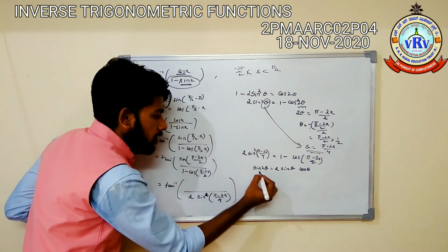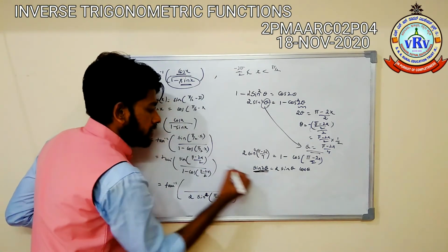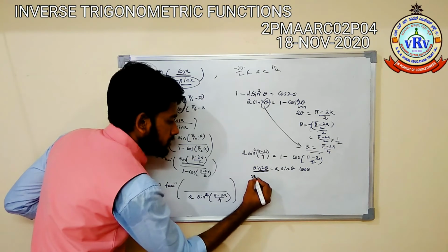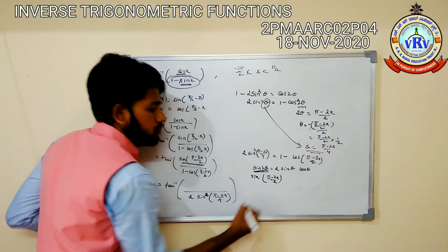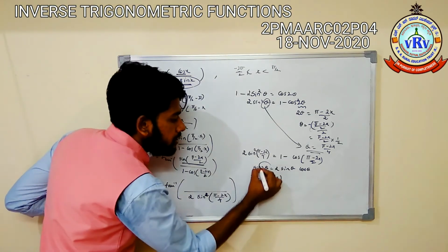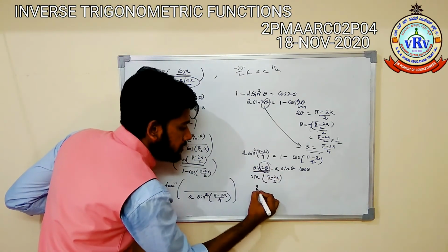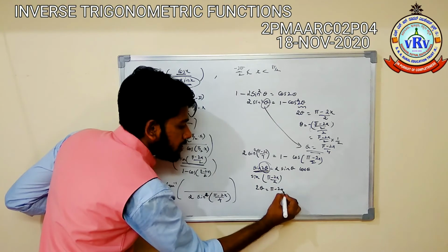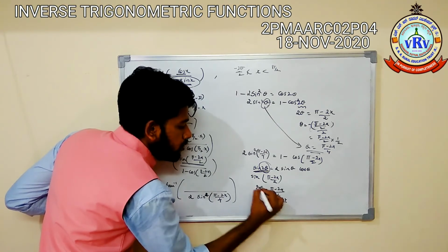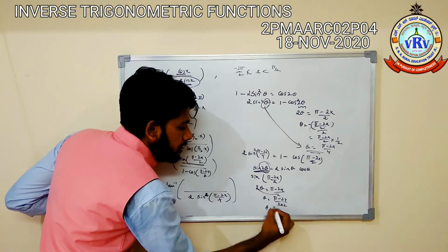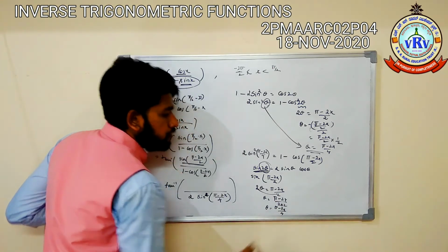Just observe here, I will compare sine 2 theta with this sine (pi minus 2x) by 2. Now you can see 2 theta is (pi minus 2x) by 2, so theta is (pi minus 2x) divided by 2 into 2, theta is equal to (pi minus 2x) by 4.